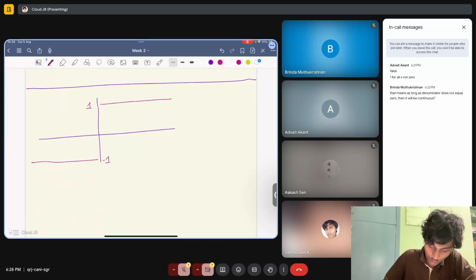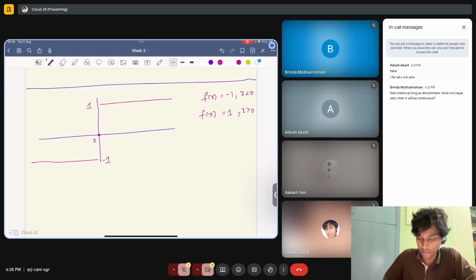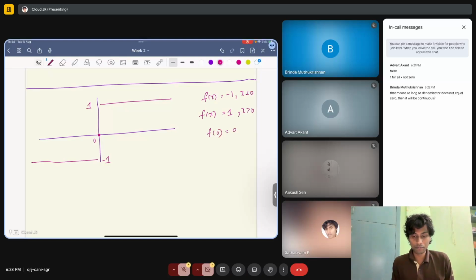At 0, let me just map it to 0 again. So f of x is equal to -1 if x is less than 0. f of x is equal to 1 if x is greater than 0. And at 0, I just define it to be 0.